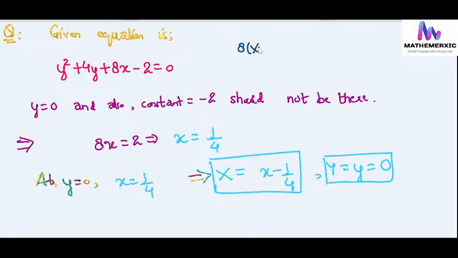It is x plus 1 by 4 minus 2 is equal to 0. I think this may be the solution. We'll just have to check it again. Okay, needs to check it.